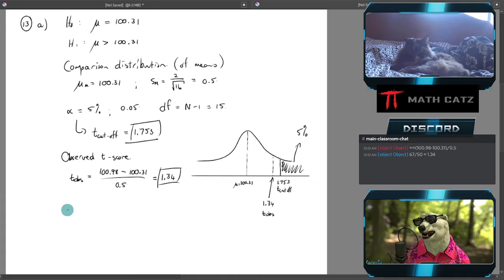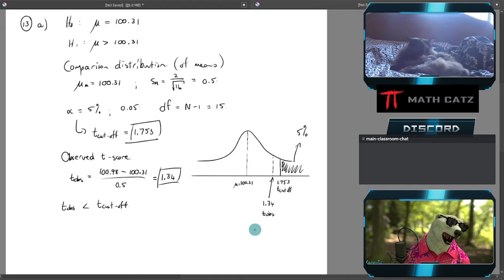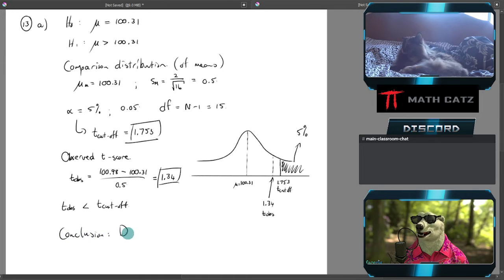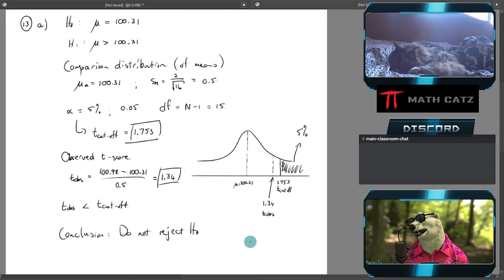So we see that our t observed is in this case less than the cutoff, and therefore we interpret the sample as not providing strong enough evidence to suggest that our null hypothesis is not true, and our conclusion therefore is to not reject the null hypothesis. It might still be false.